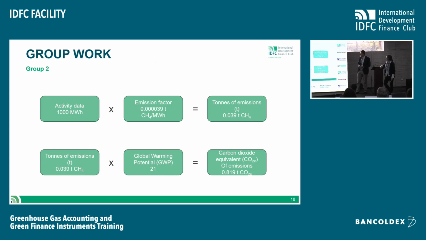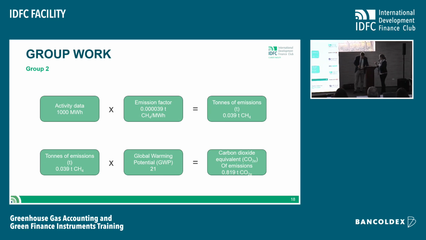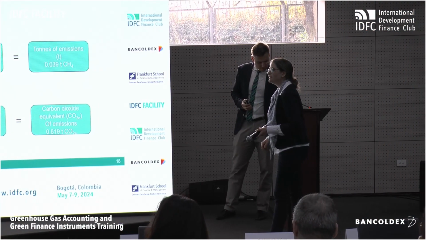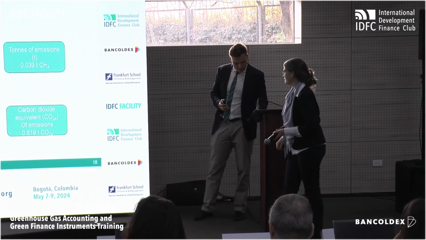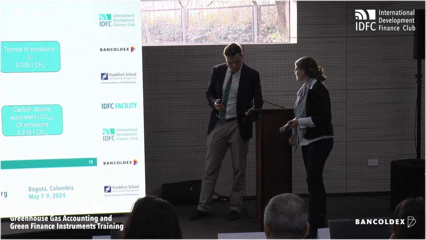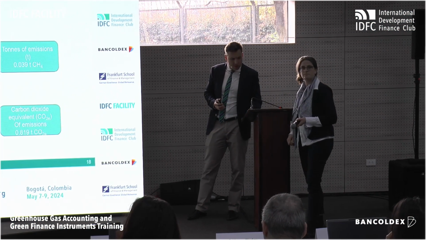Oh, sorry. So now group 3 and 6. Group 6. Okay, the ton of emission CO2 is 619,000 tons of CO2 emission. Okay, and the group 6?